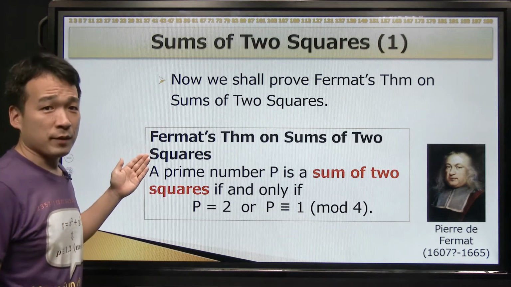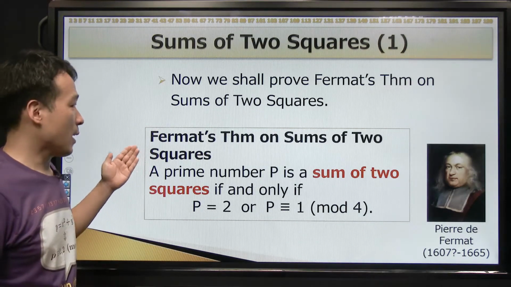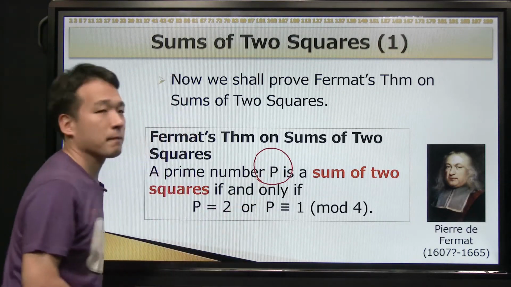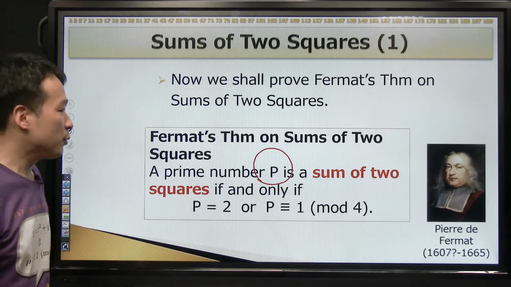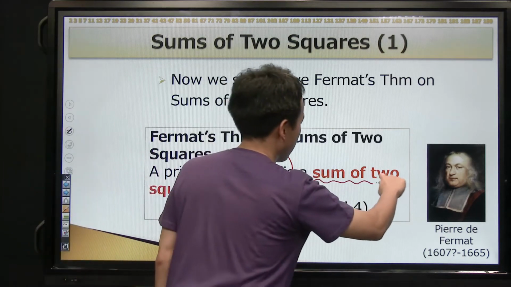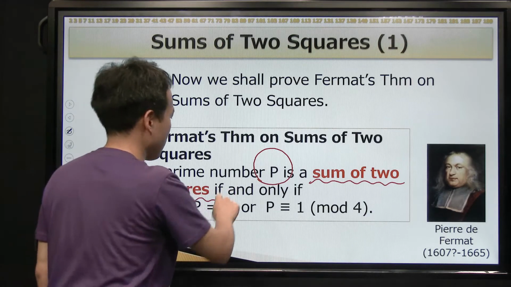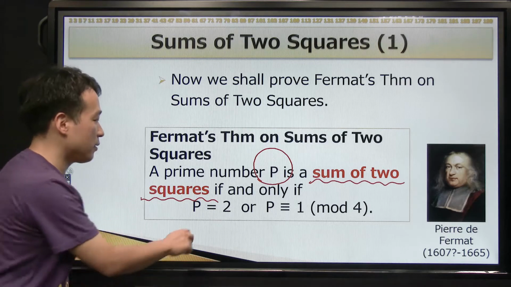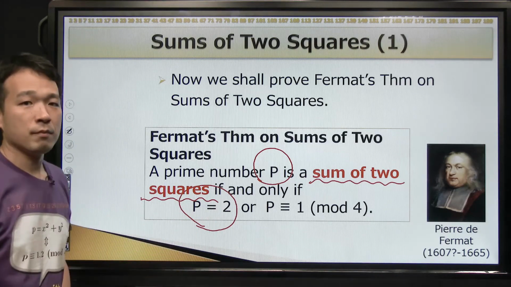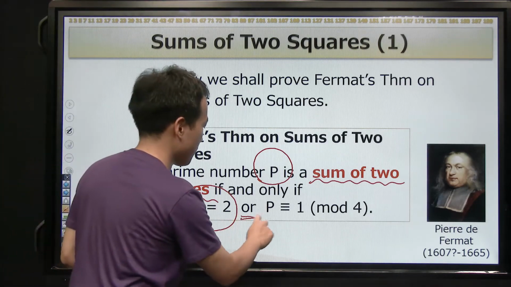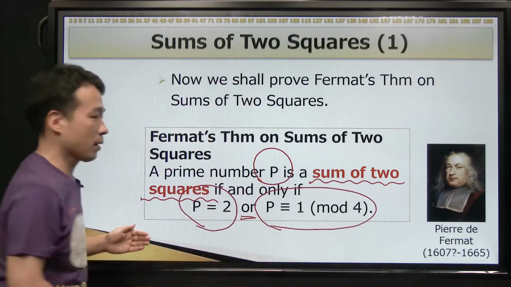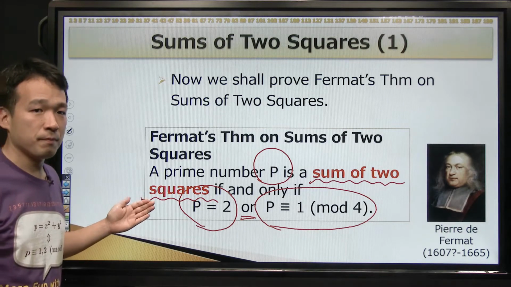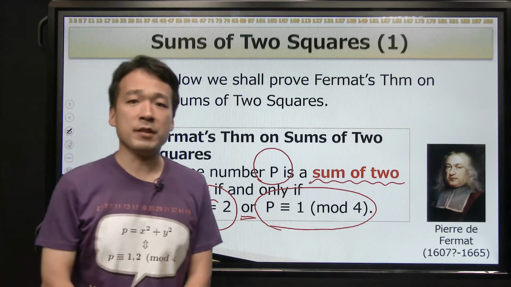Fermat's theorem on sums of two squares says a prime number p is the sum of two squares if and only if p is 2 or p is congruent to 1 modulo 4. There are 3 steps in the proof.